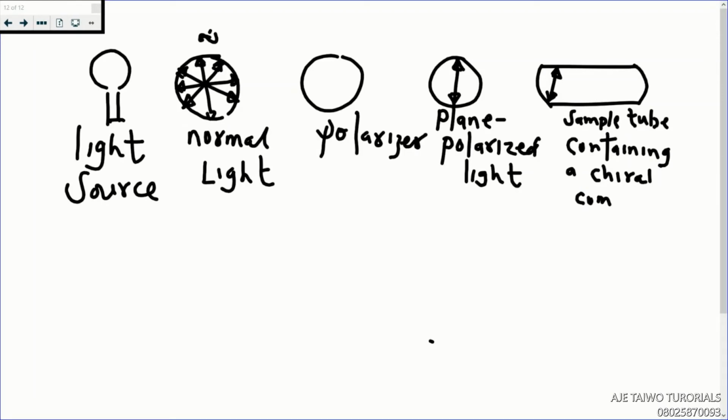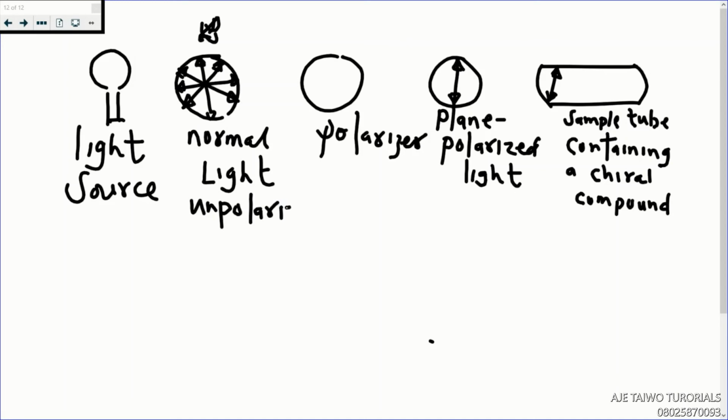Look at it. See the board: light source, that's where the light is coming from. This is the light that comes from it. It is normal light. That's unpolarized.